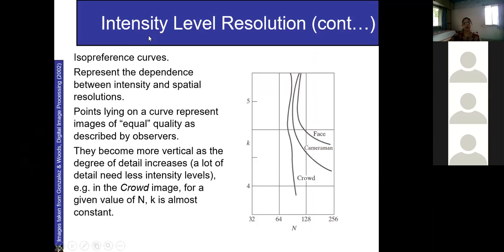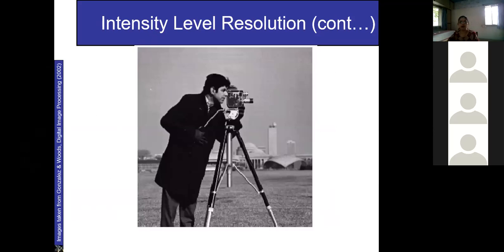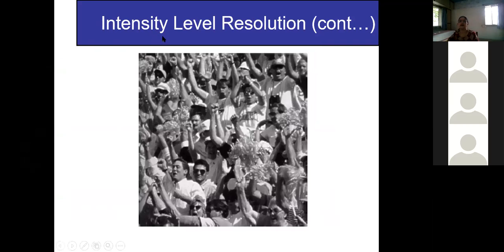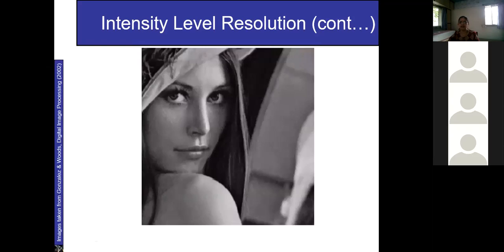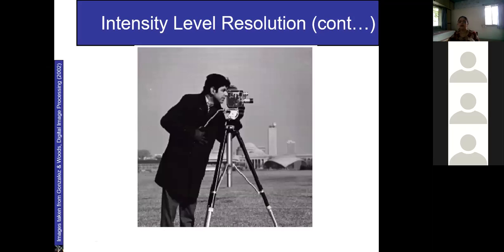So how many intensity levels are to be used? That also depends on details in an image. If you have a large detail image, you can get the same quality image with a smaller number of intensity levels. But for low detail images like these two examples, you need a greater number of intensity levels to get the same quality image.